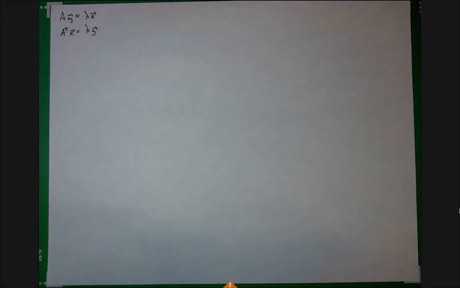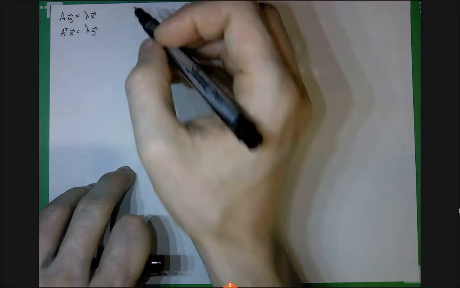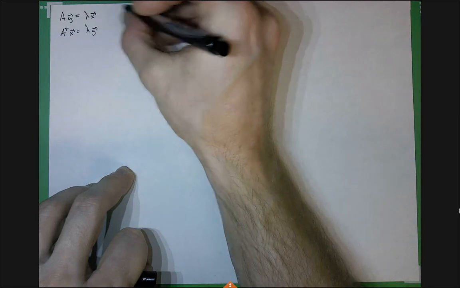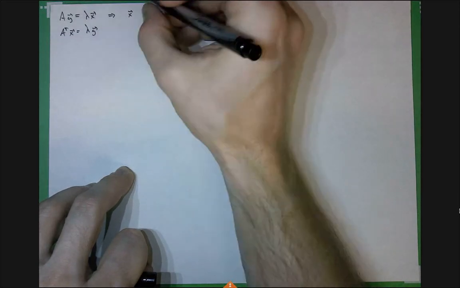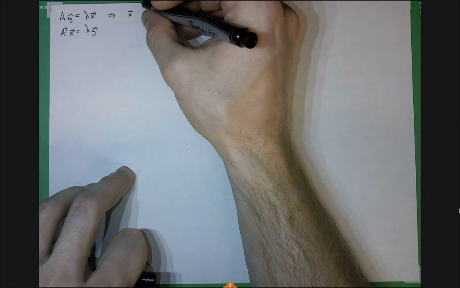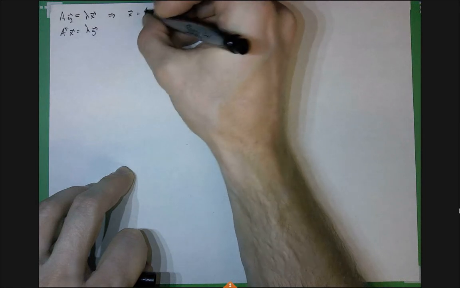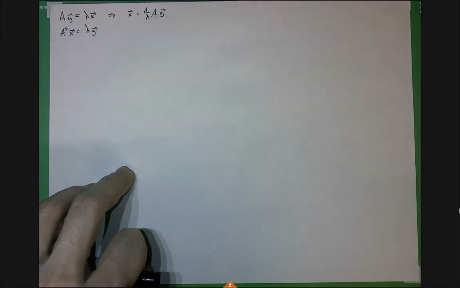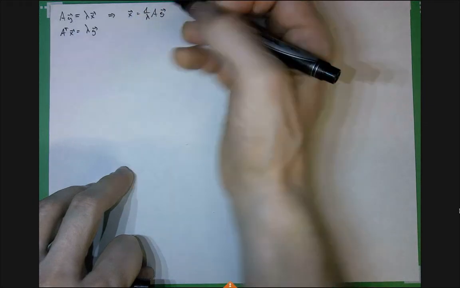This could already be looking familiar to you, but it will be even more familiar when I just express the x from the first equation. So this means that if I express it from this equation, I will get that x is 1 over lambda Ay, and then I can substitute this to the second equation, right?